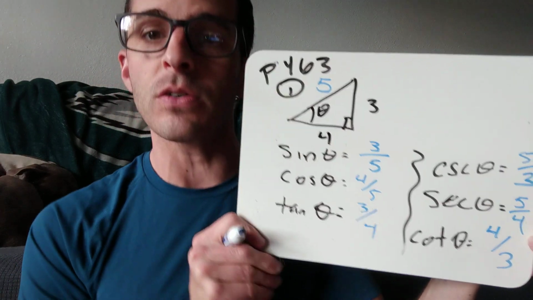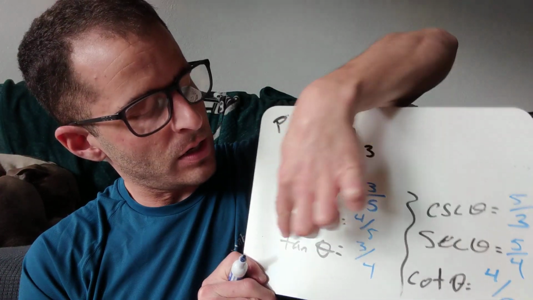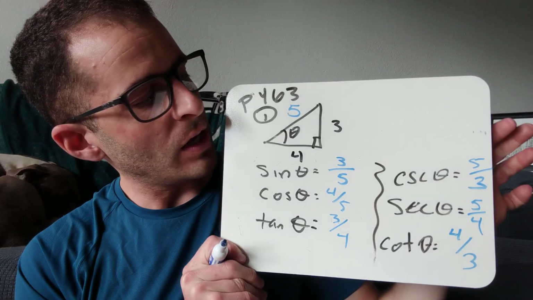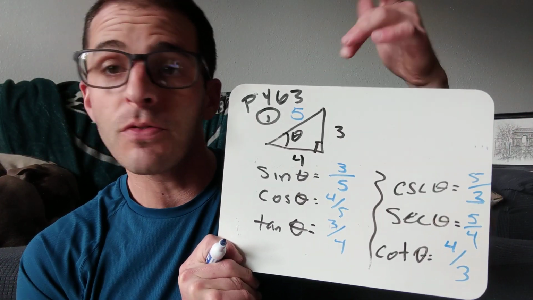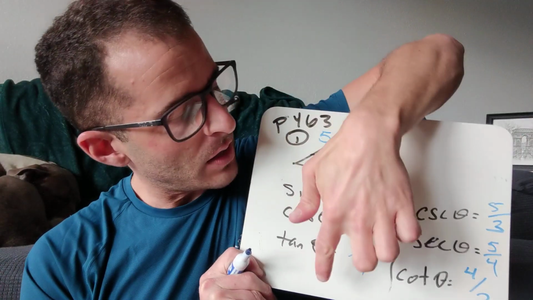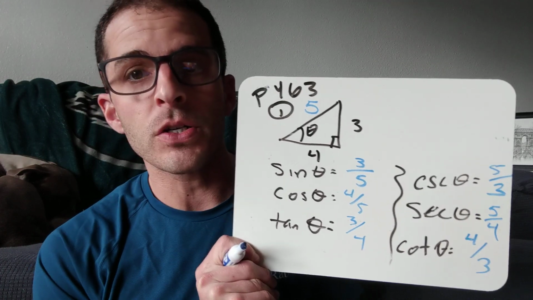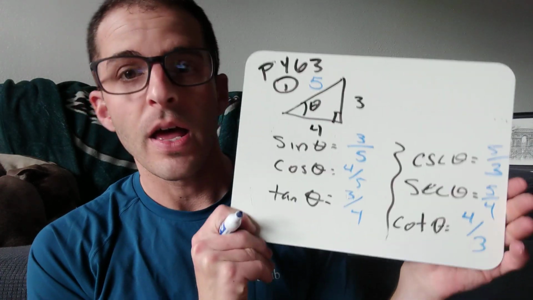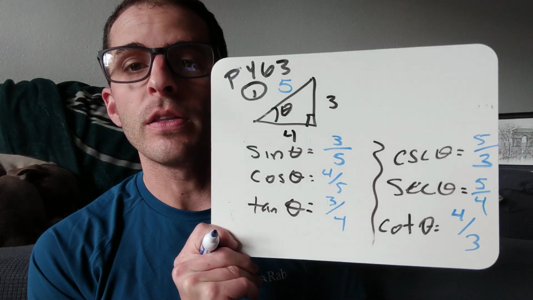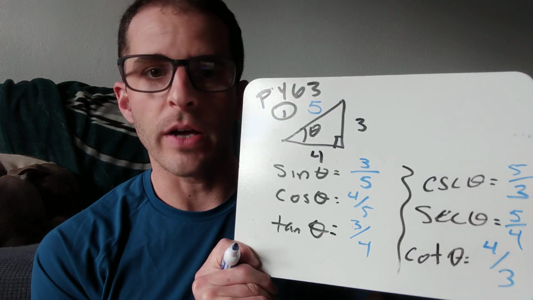So if we keep this nice and organized with sine, cosecant, cosine, secant, tan, cotan, if we keep it organized like that every time, we'll actually skip a step instead of thinking about it. If we did this column correctly, we can take the reciprocals, simplify your improper fractions when necessary, not necessary here, these are all simplified, and we have our answers. These are the 6 trigonometric functions for this right triangle.